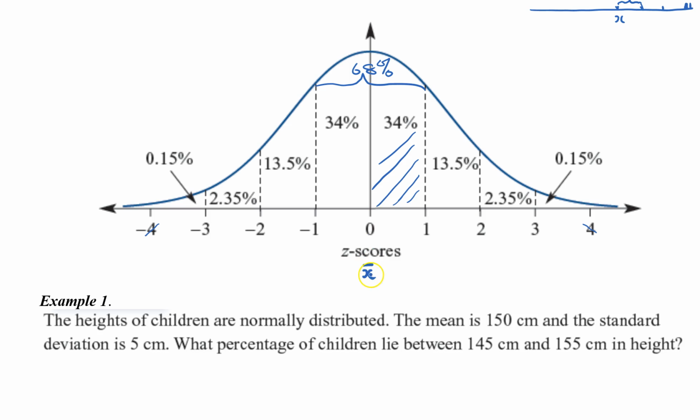It's on 0. 1 Z-score up would be 1 standard deviation away. In this category, we've got half of 68, and half of 68 is 34. So it says that 34% of the scores lie within this range from the mean to 1 standard deviation.